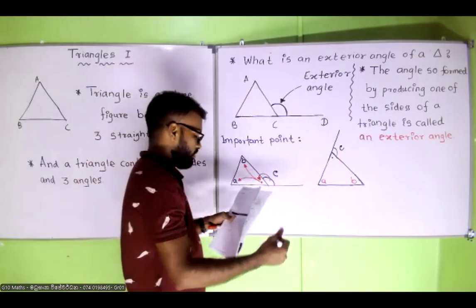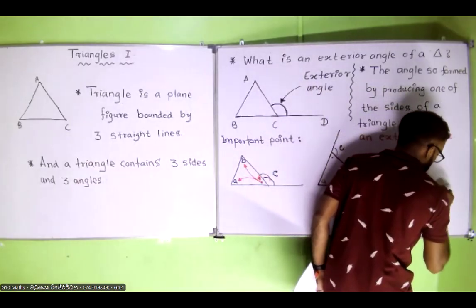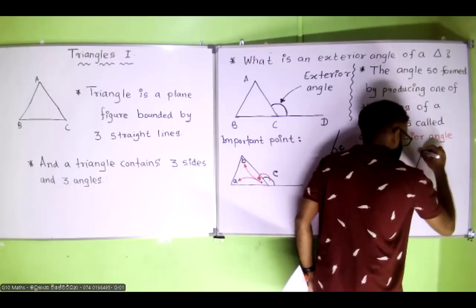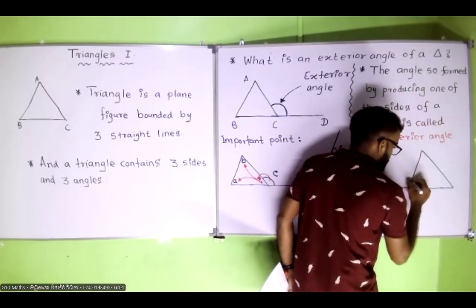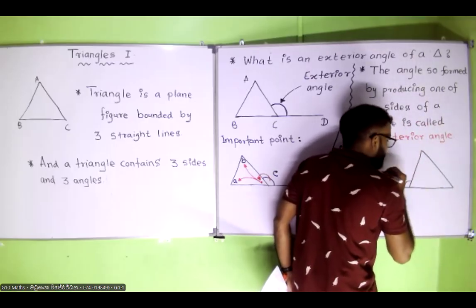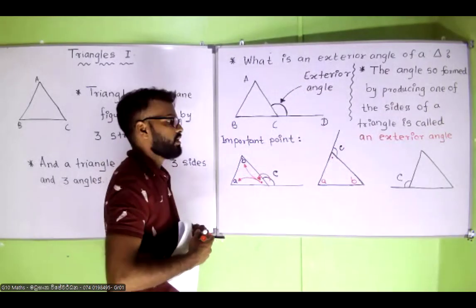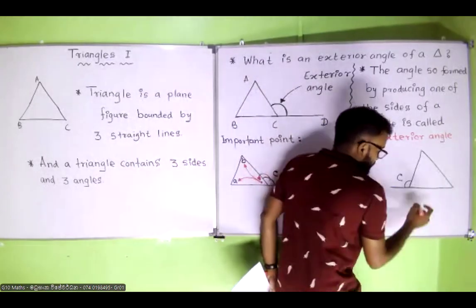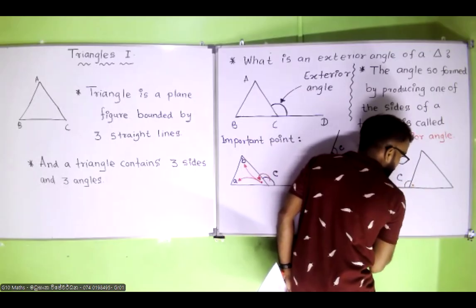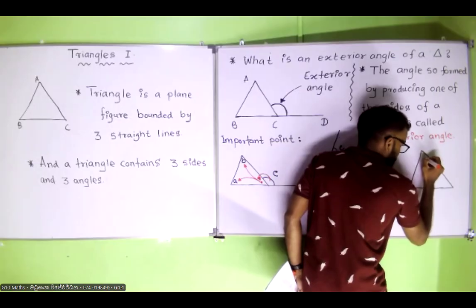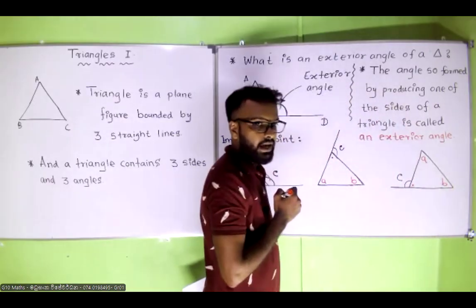If I show you by using another one, these are the three scenarios that you can meet in this entire lesson. Now this is my C. Again, I will ask you to label the two interior opposite angles for this C. This is the relevant interior angle for this exterior angle, and these are the two opposite interior angles.